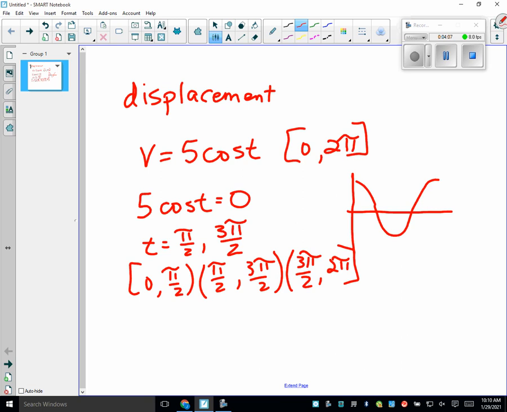Do you agree with this? Now, 0 to pi over 2. Don't I pick a value in there and plug into my 5 cosine of t? And I'm saying it's plus. What do you think? Negative.